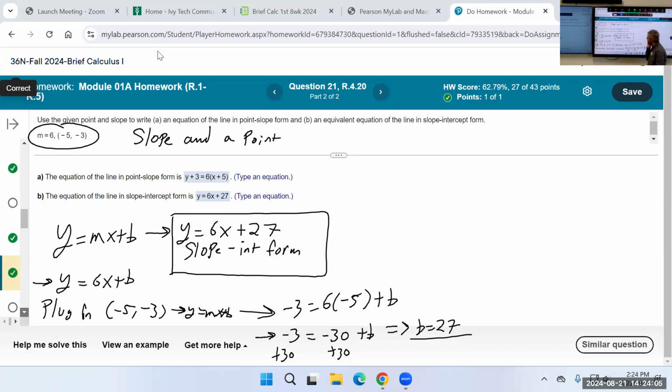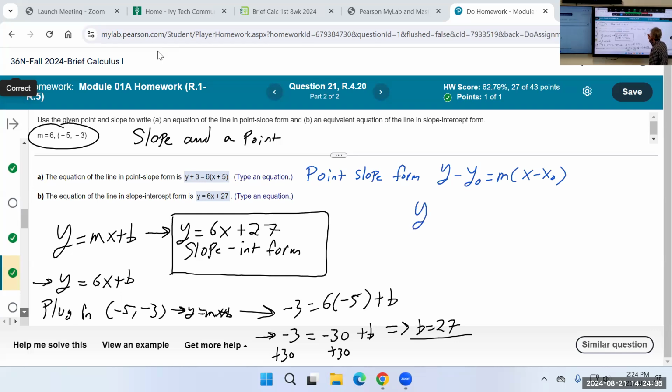But they also wanted the point slope form. So where does that come from? Let's do it in blue. Point slope form. It's y minus y naught equals m times x minus x naught. That's the formula. And I just need to plug in the information that they gave.